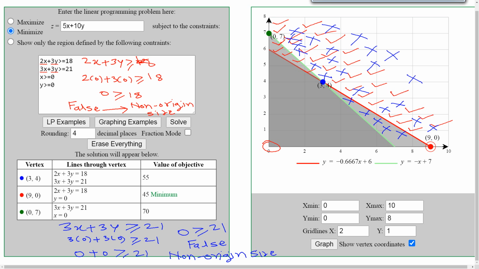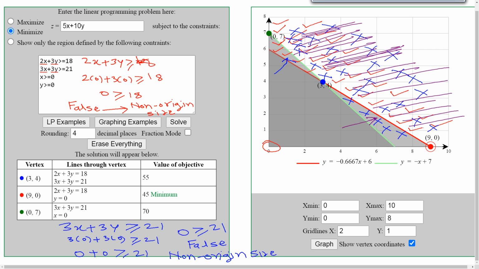Now what is our problem? Our problem is to determine the common feasible region, meaning where both crosses and ticks are there. So we can't consider this region because only crosses are there but ticks are not there. Similarly, we can't consider this region because it has only ticks but not crosses. So the common feasible region consists of this region where both crosses and ticks are there. So this is going to be our common feasible region.